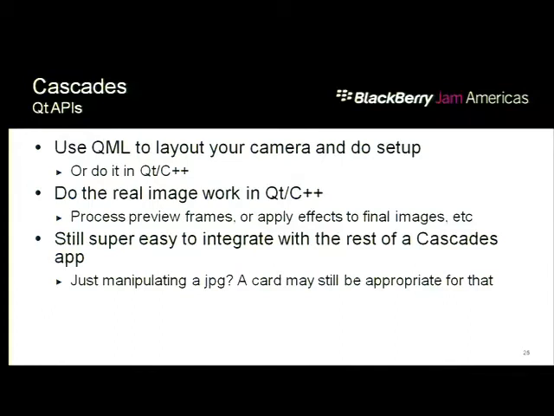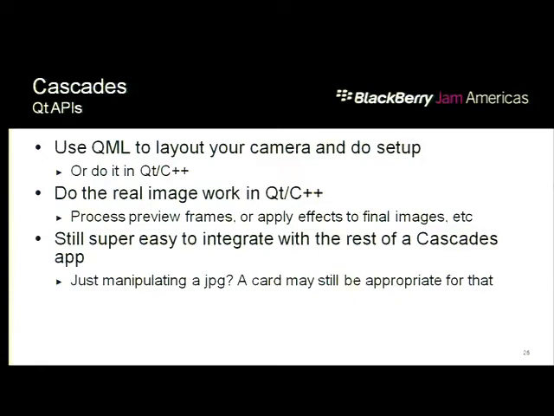So Qt APIs. Again, you probably still want to use QML to lay everything out. You don't have to, though, just like all the Cascades stuff. You can build it in the C++ layer if you would like to. But this is where you'll be doing like the real image work, like processing preview buffers or applying effects to final images, stuff like that.